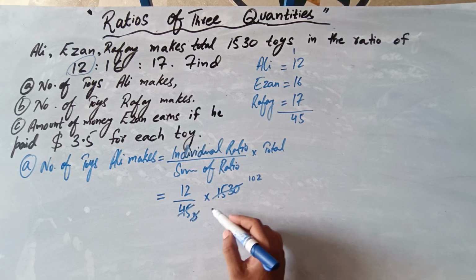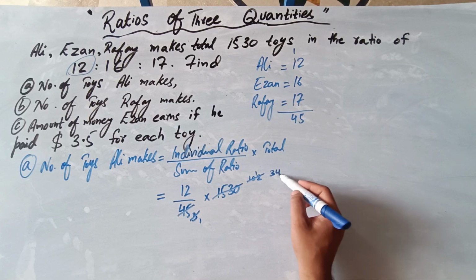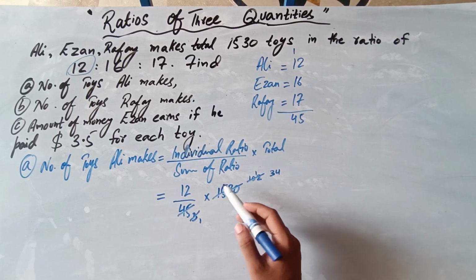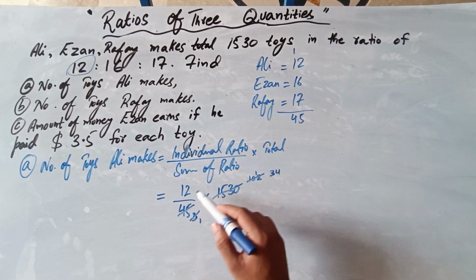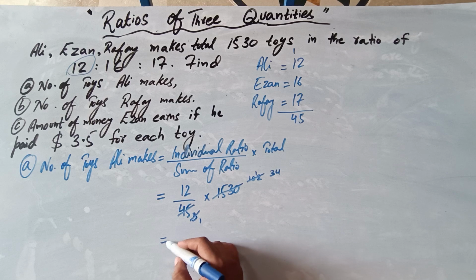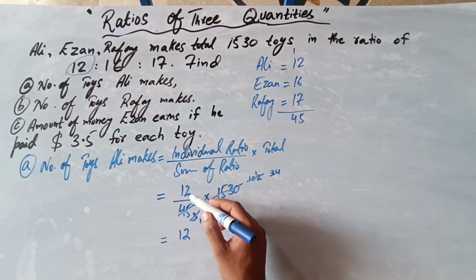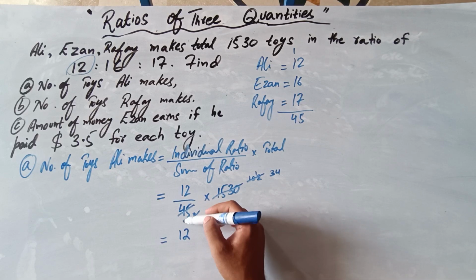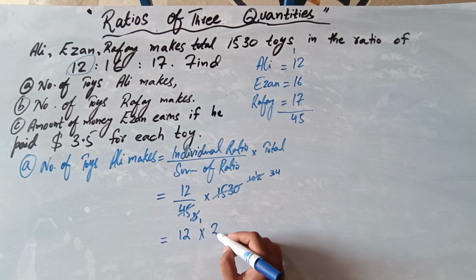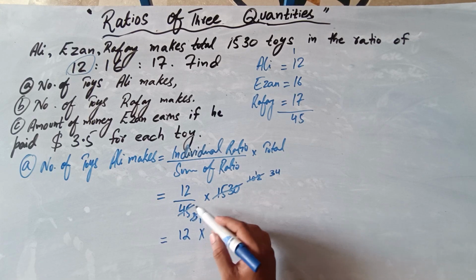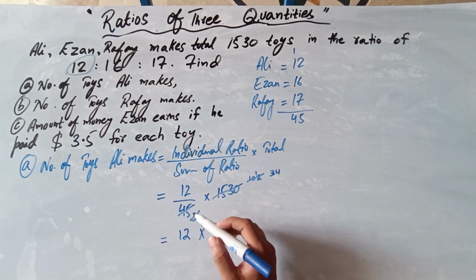Now we are left with 3 ones are 3, 3 threes are 9, 3 fours are 12. Why we are giving preference to cancelling these two values first, I will let you know in the next step. 12 is the individual ratio, I didn't touch it or cancel it. Multiply it by 34, which we got after cancelling 1530 with 45.